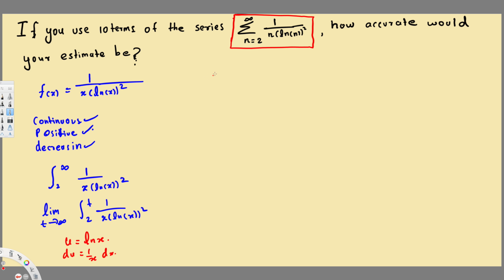Now let's rewrite everything in terms of u. Forget about the limits of integration for now, just do the integration and finally we apply the limits.